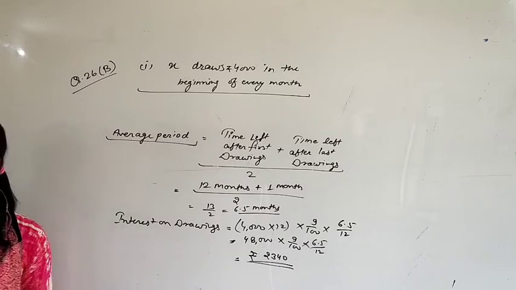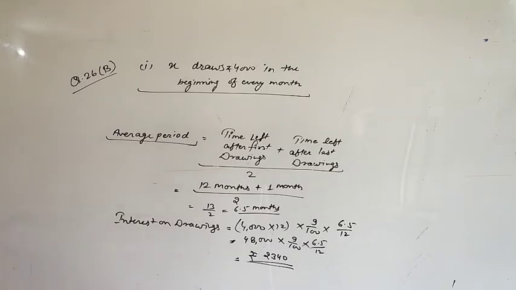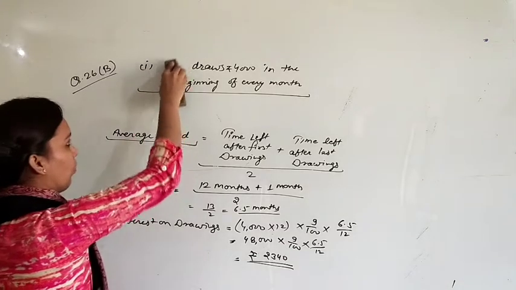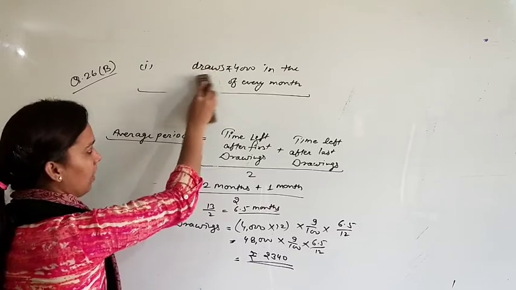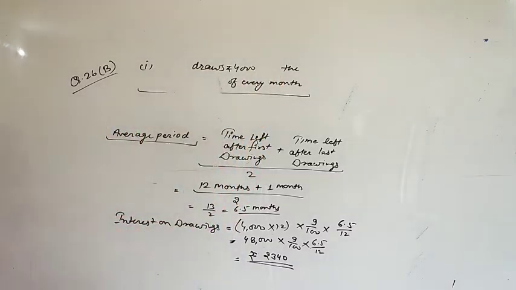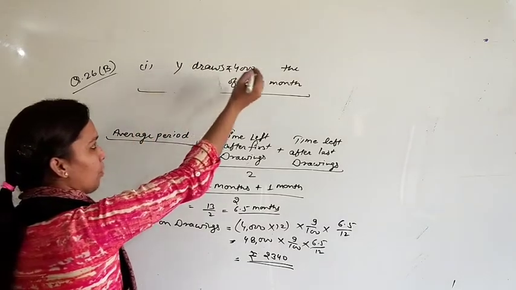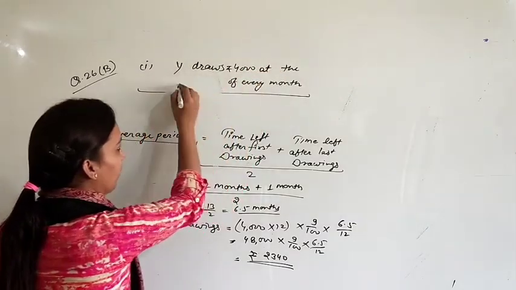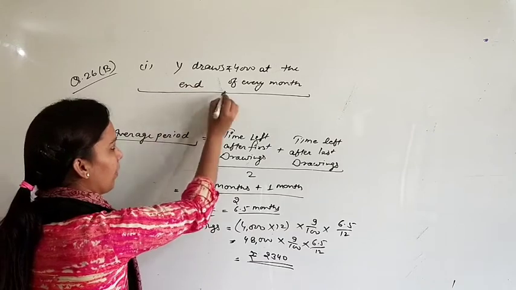Now let's move on to the second case. In this case, Y is withdrawing 4,000 at the end of every month. Y draws rupees 4,000 at the end of every month.